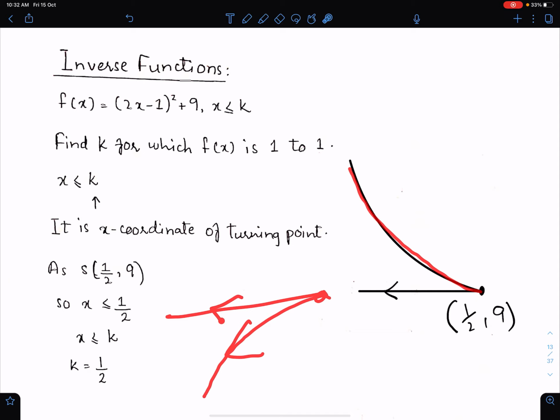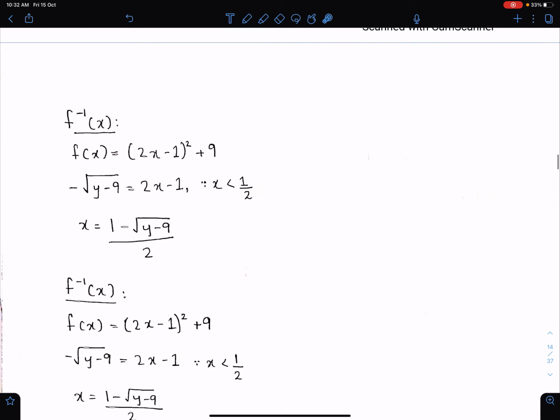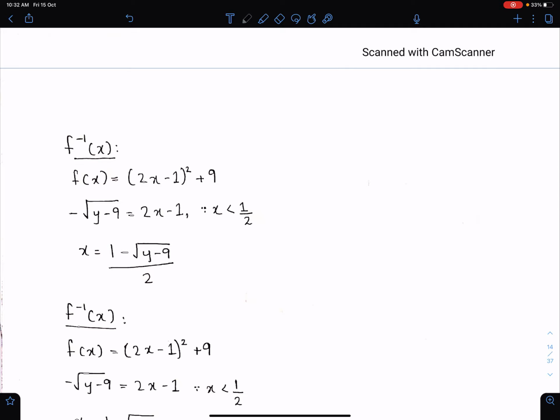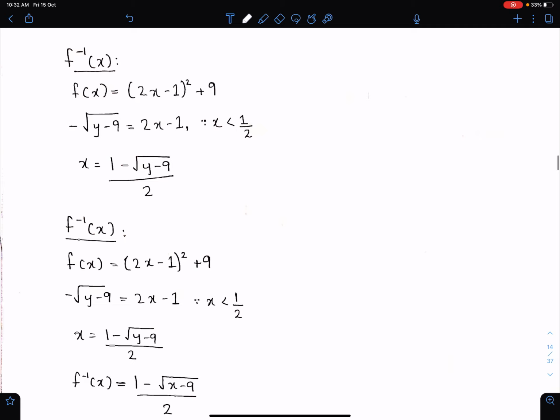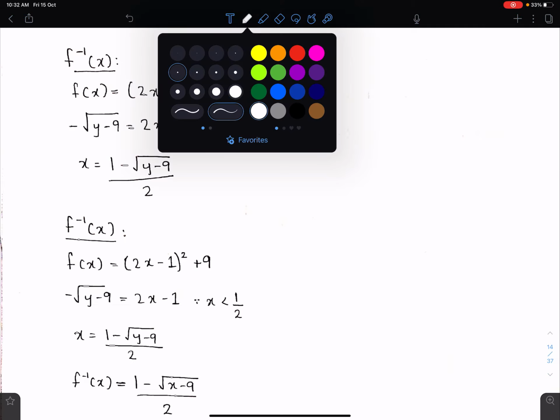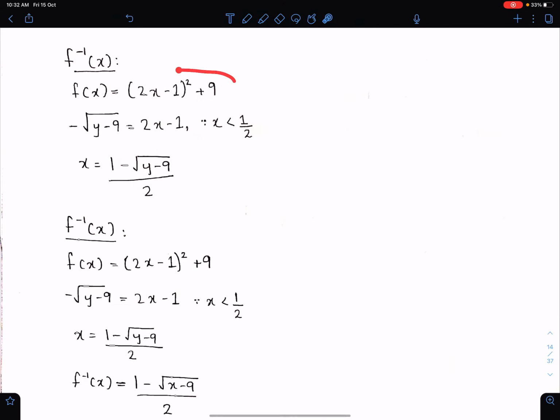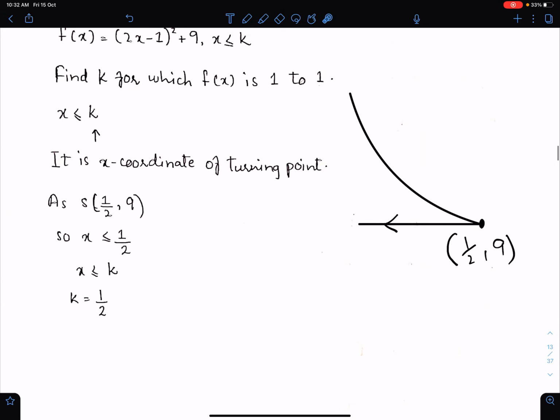Therefore, always take negative sign in inverse functions. So while finding the expression for f inverse, you have to take negative sign. Why? Because x is decreasing.